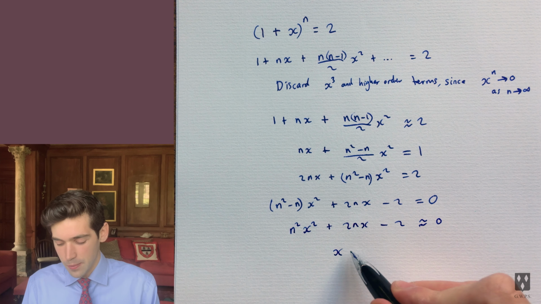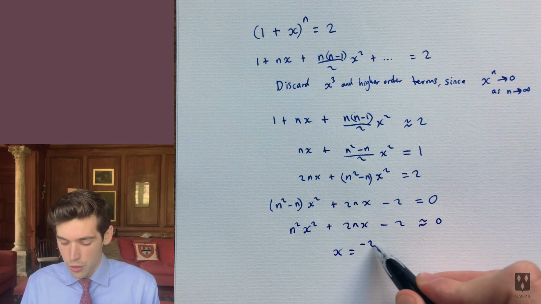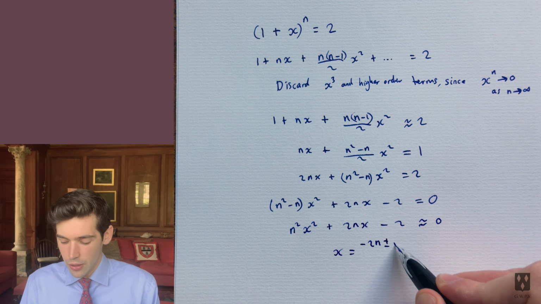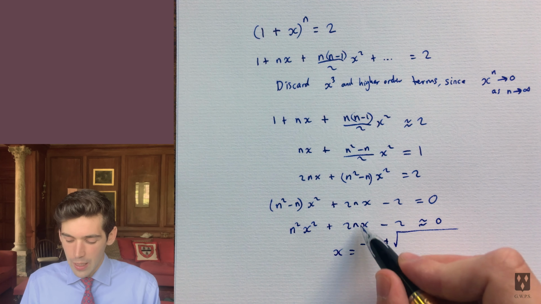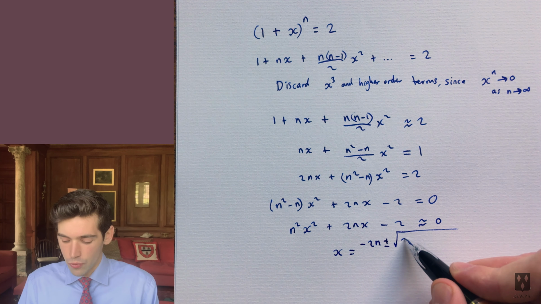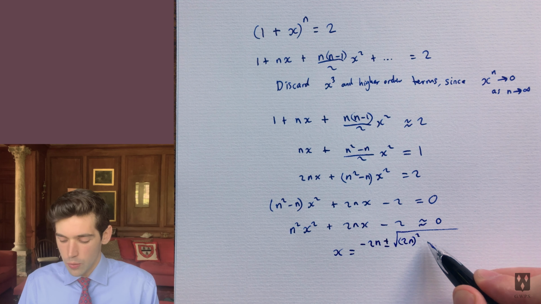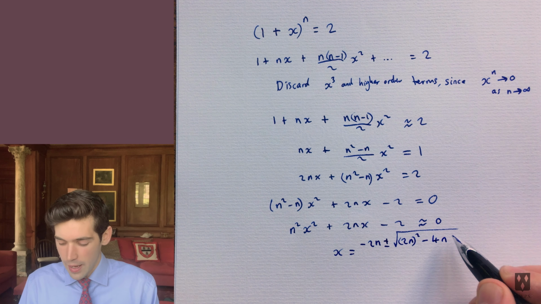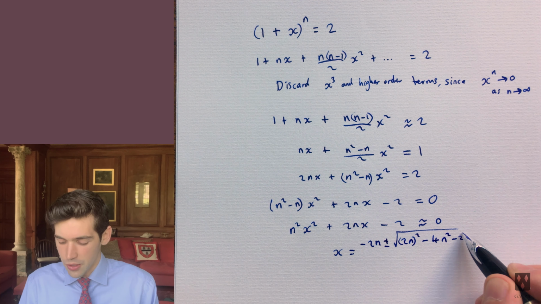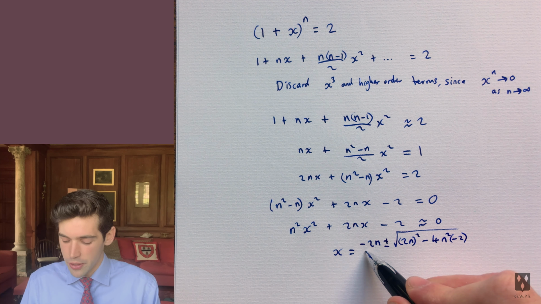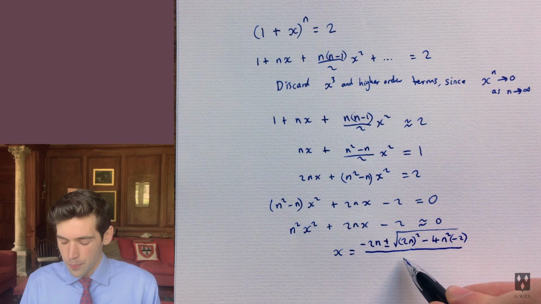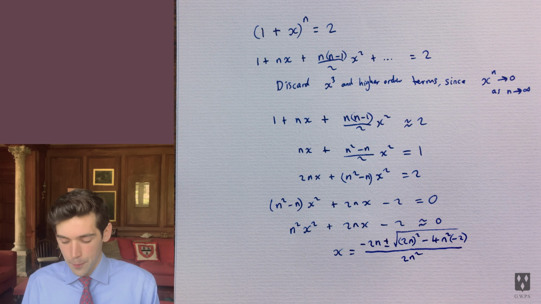So we get x is minus b, which is minus 2n, plus or minus the square root of, and now we're doing b squared, so I'll just write this down in brackets, minus 4ac. Now c is minus 2, let's just put it in brackets to make sure we get it right, over 2a.